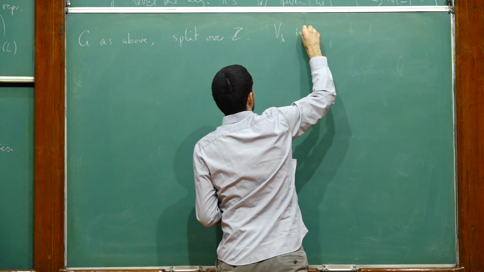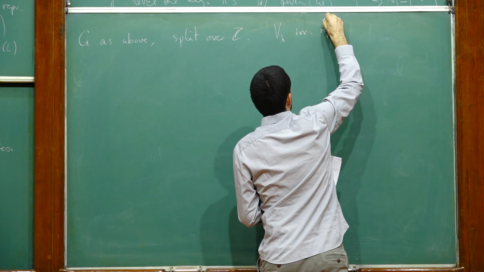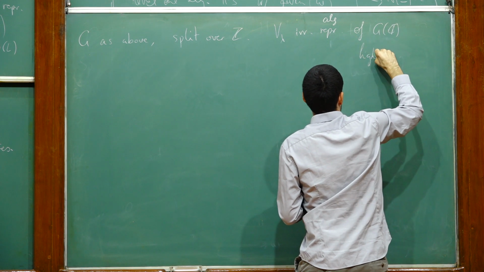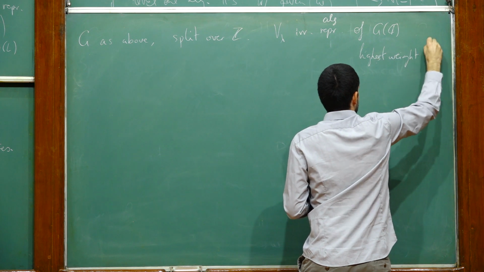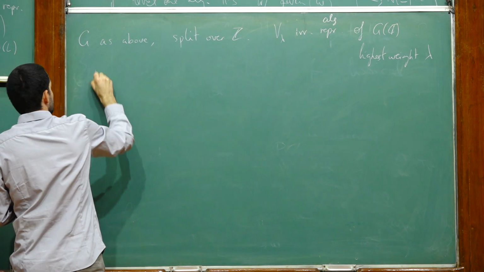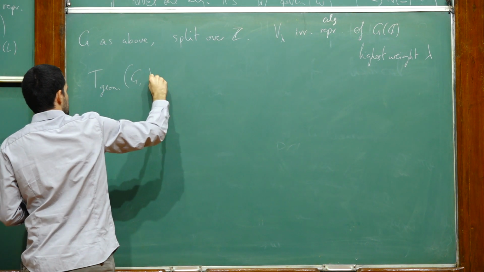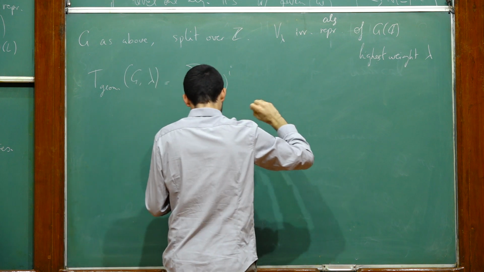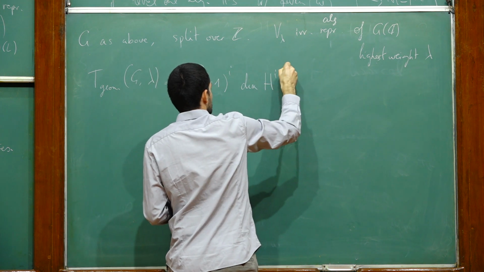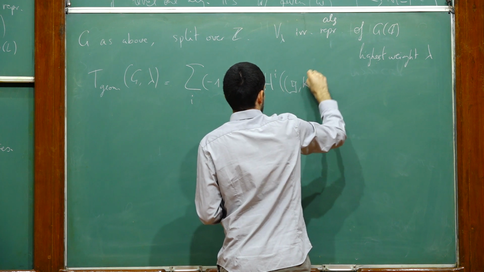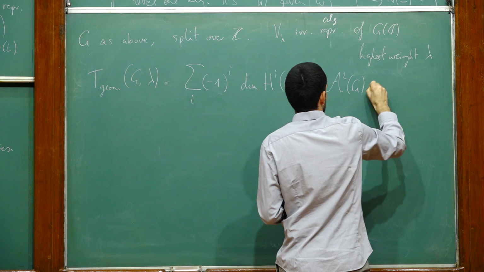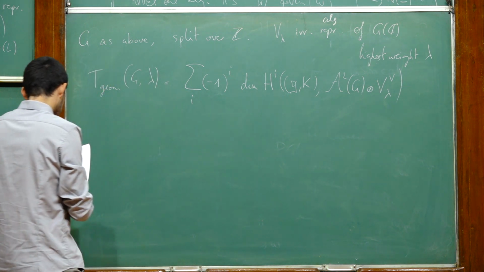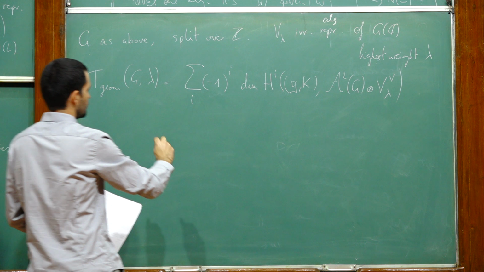And we take V_lambda, an irreducible algebraic representation of G over C. And then the formula is, well, some geometric expansion is equal to this Euler characteristic.